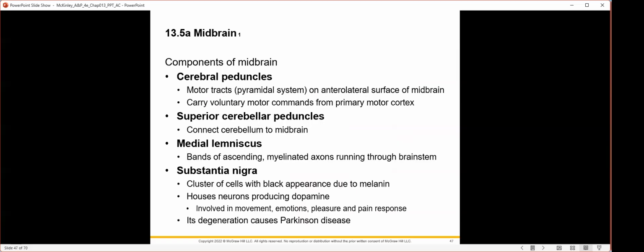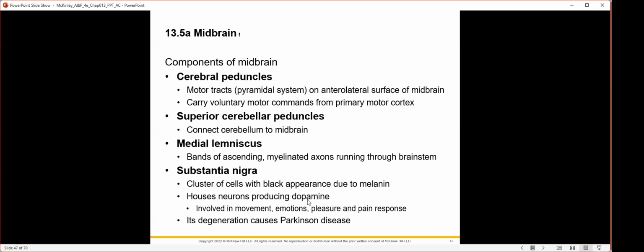For the midbrain, there's a number of structures here. We have cerebral peduncles, we have lemniscus, which are just myelinated axon tracts, but specifically, we have this substantia nigra. This is a darkened area of the midbrain because the neurons there produce melanin, and they house neurons that produce dopamine.